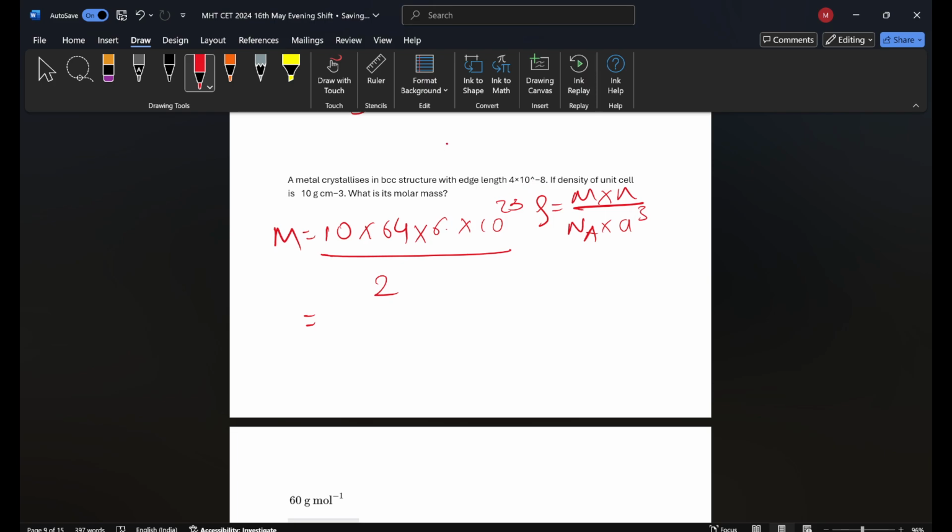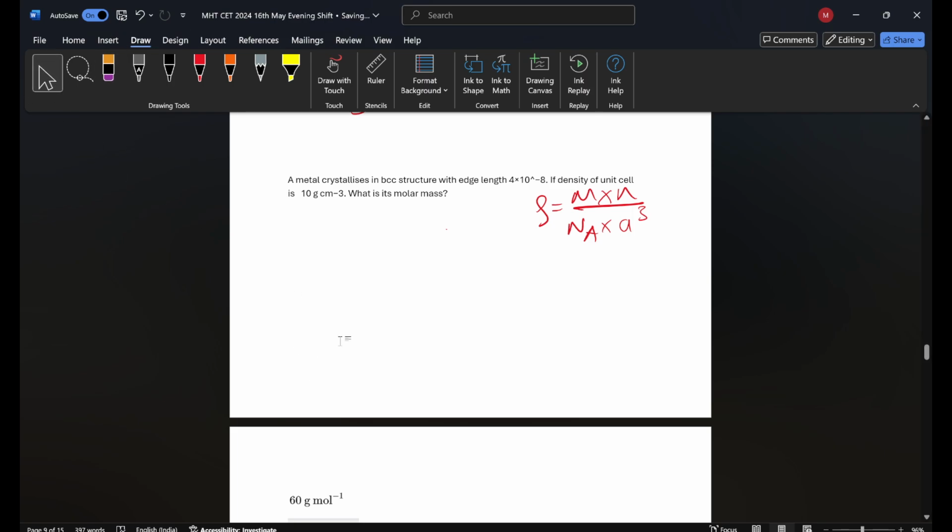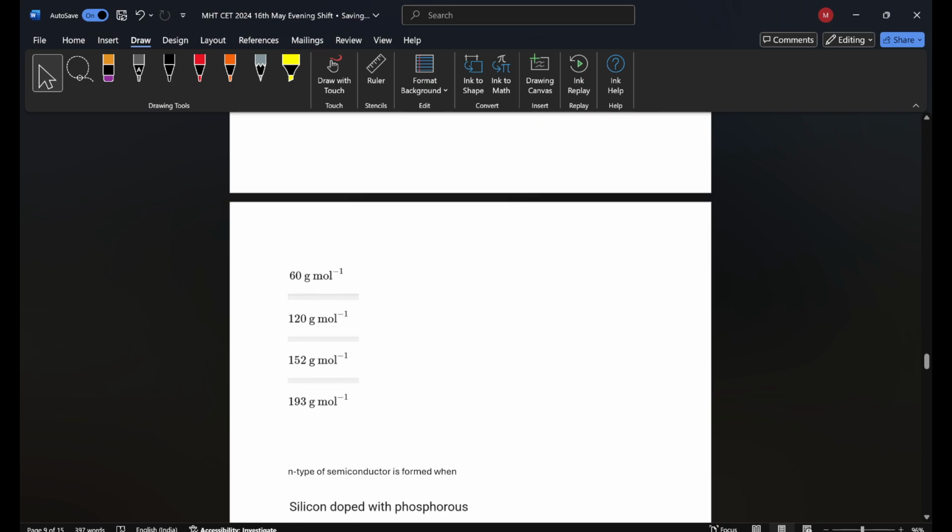Let's solve it again. I have literally not done well, so we'll solve it in good handwriting so that you can understand it.